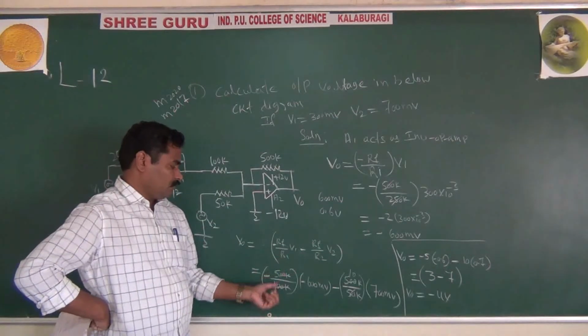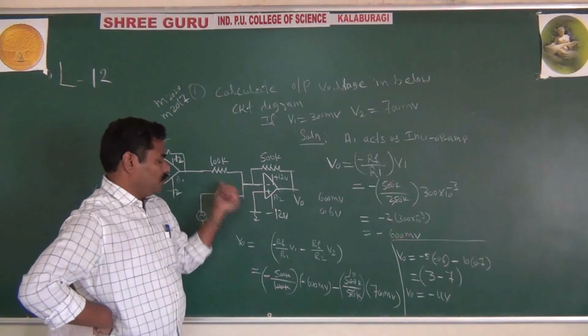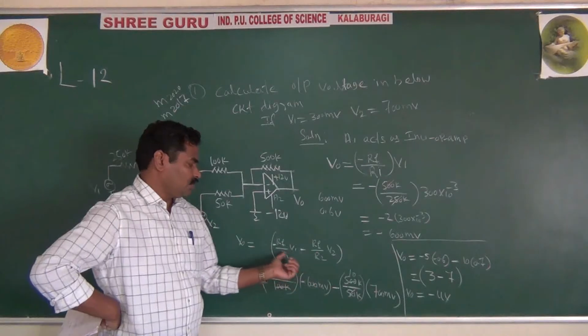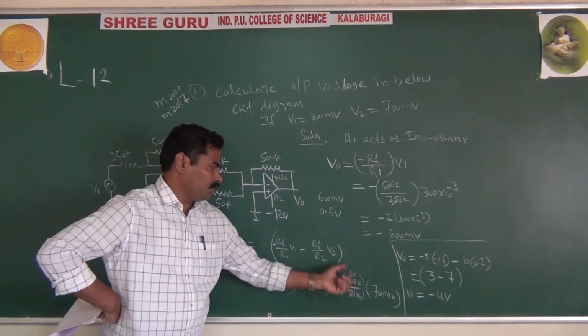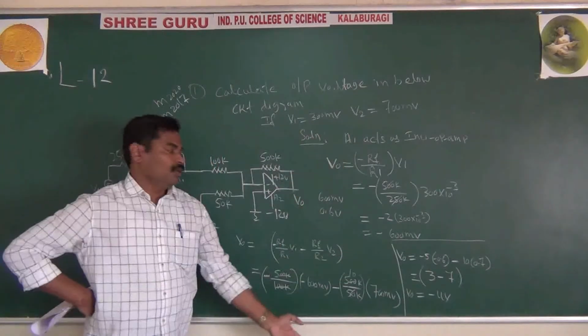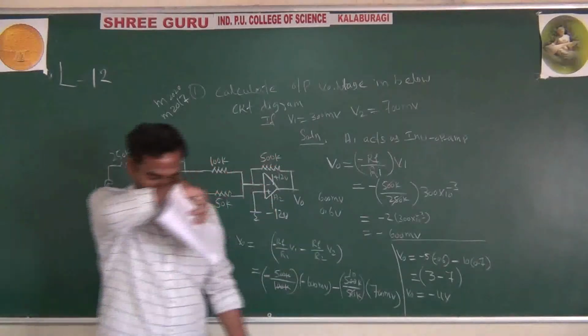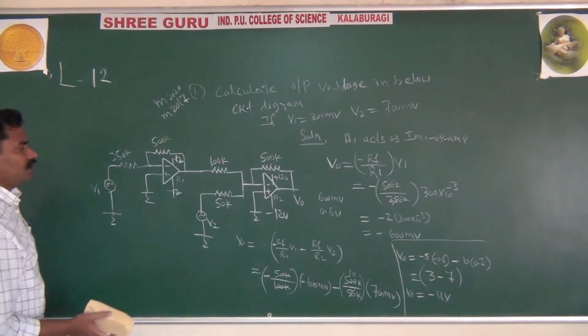We substitute RF and R1, where V1 is this output, and V2 we take as 700. Simplifying, we get minus 4 volts. This is also one important problem, and it is very simple. You can go through it once again.